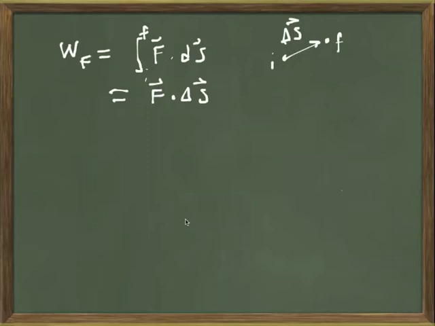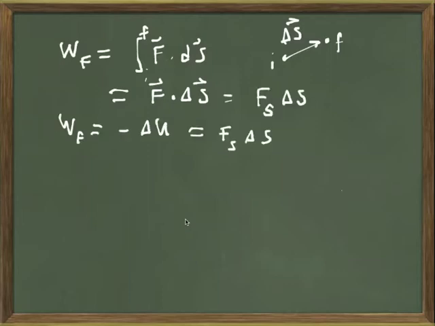But now I'm going to say if the two points are very close together, I can assume that the force was constant during that small amount of distance, right? If it's not constant, just make it smaller, right? So if your delta S is small, I can approximate this by the dot product between the force at that location and delta S.